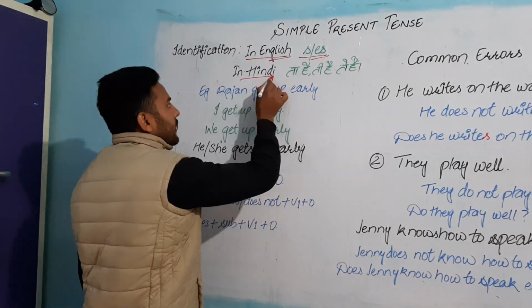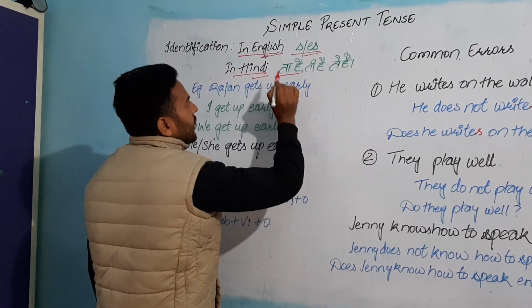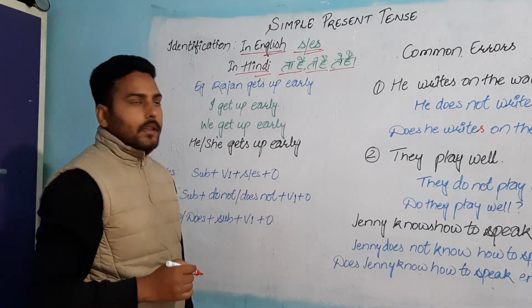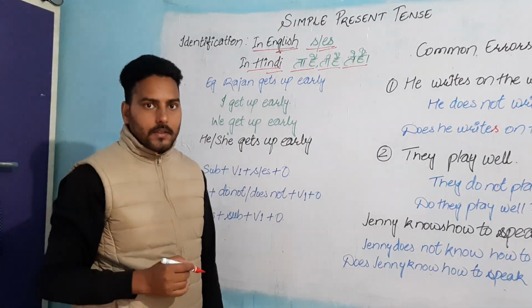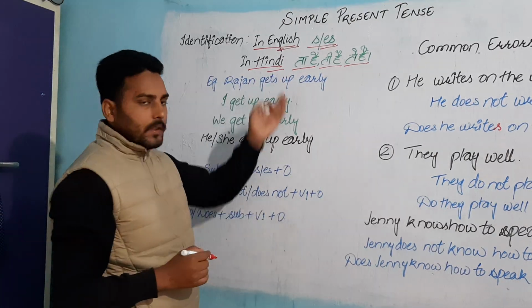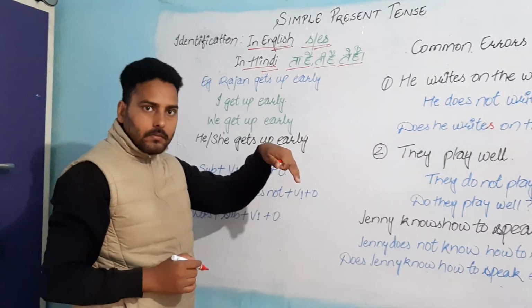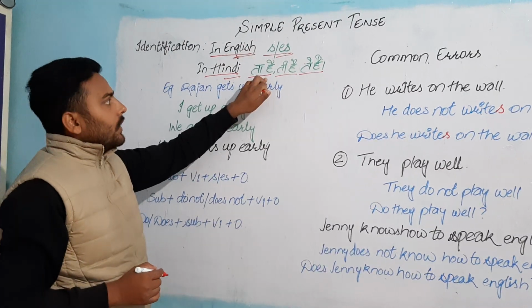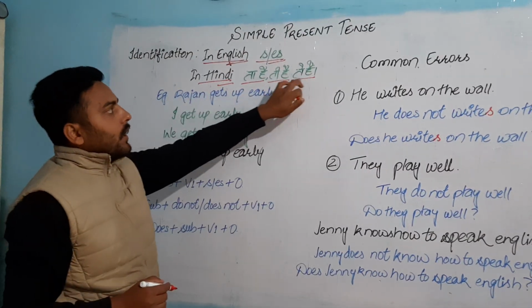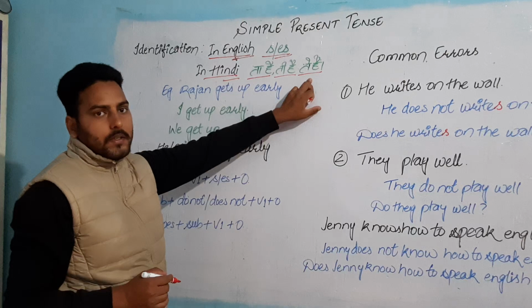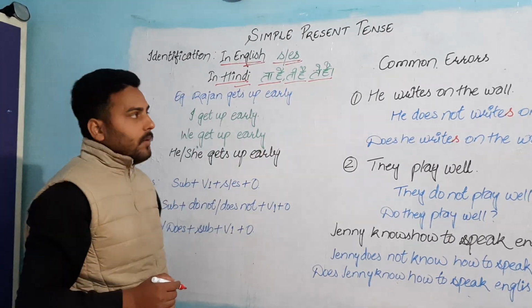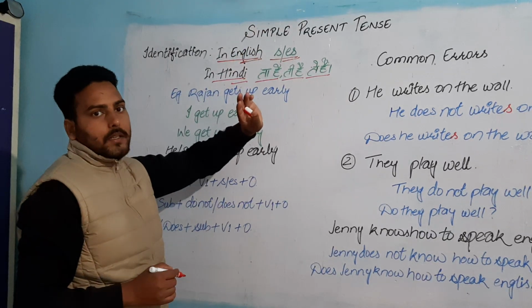And in Hindi, you will see ta hai, ti hai, and te hai at the end of a Hindi sentence. Means when you hear the sound ता है, ती है और ते है at the end of a Hindi sentence, that means it is a simple present tense.